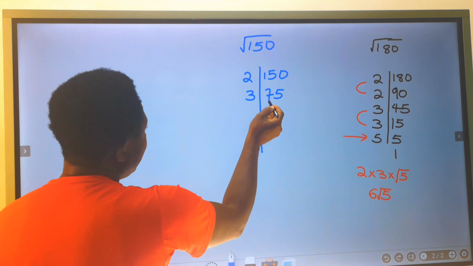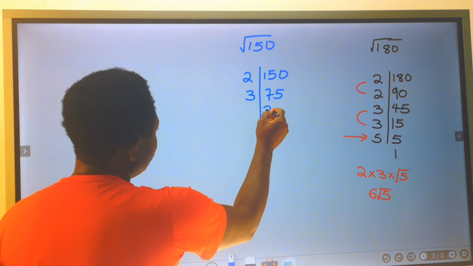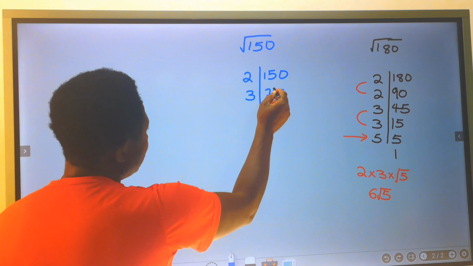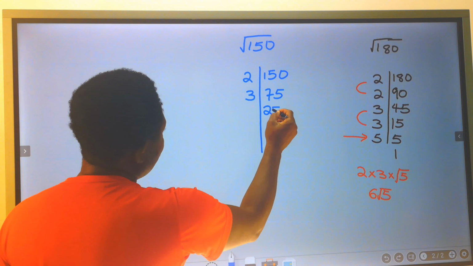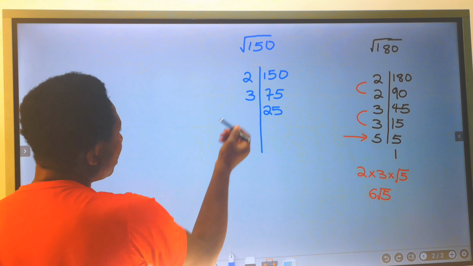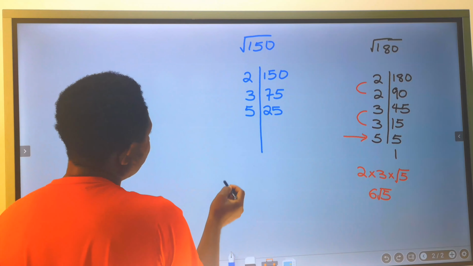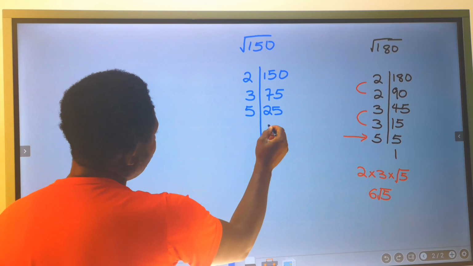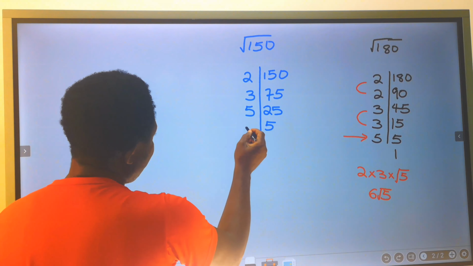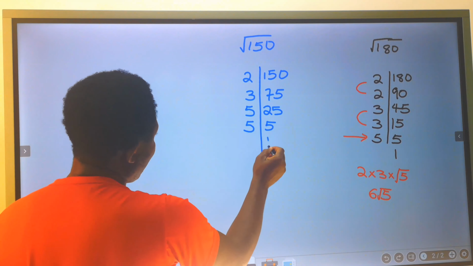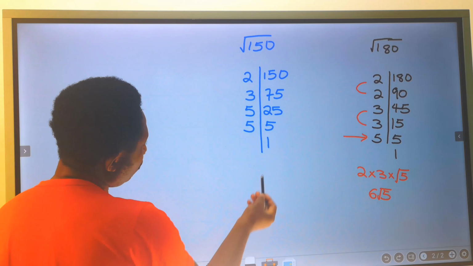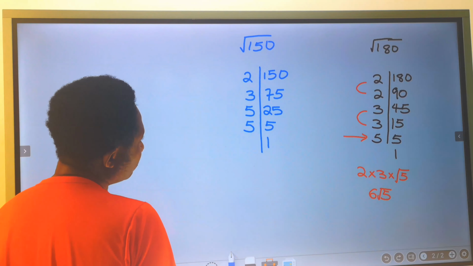But 3 into 7 will give you 2. Remainder 1. 3 into 15 will give you 5. 3 cannot go anymore, but 5 can go. 5 into 25 is 5. 5 can still go and we have 1.